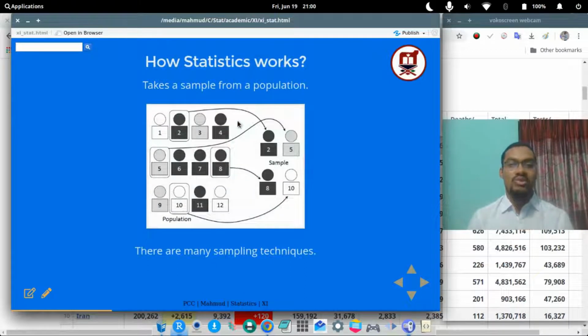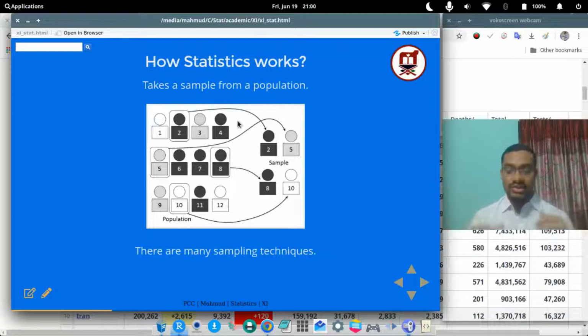Now, how does statistics work? Before doing any statistical analysis or any scientific procedure, we need to ask a question: what are we going to do? After that, we have to take a sample from a population, because we cannot deal with the entire population.